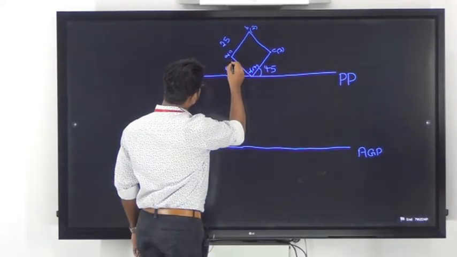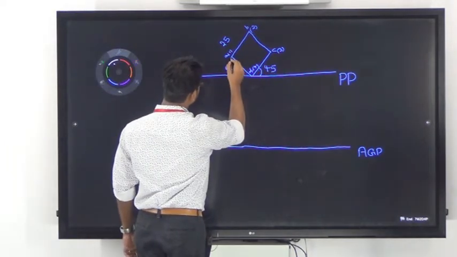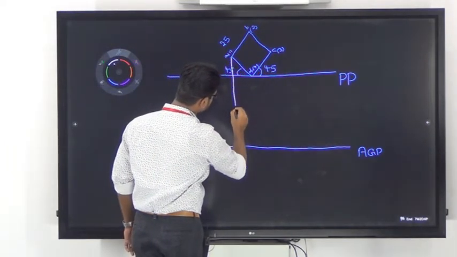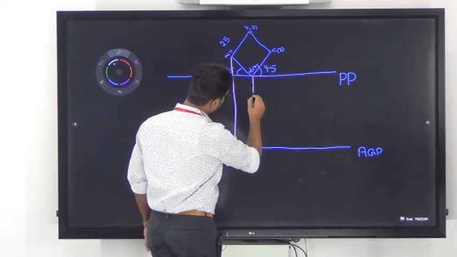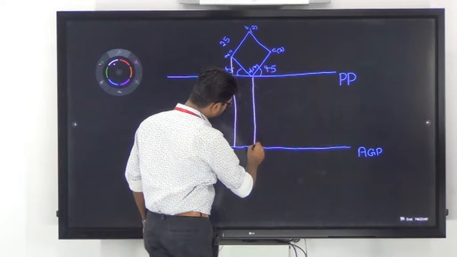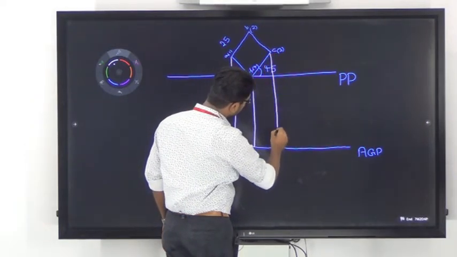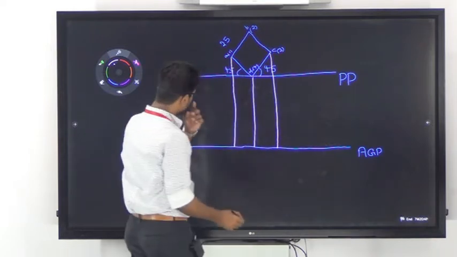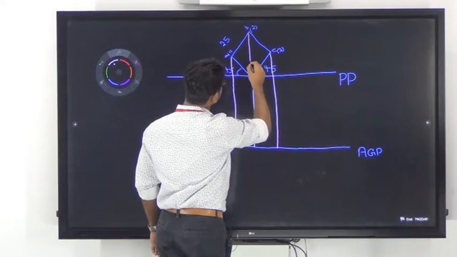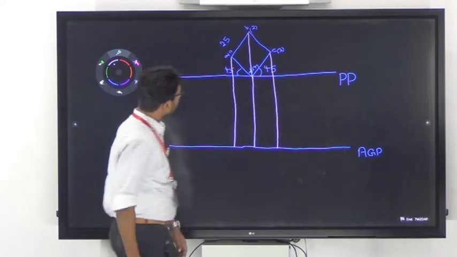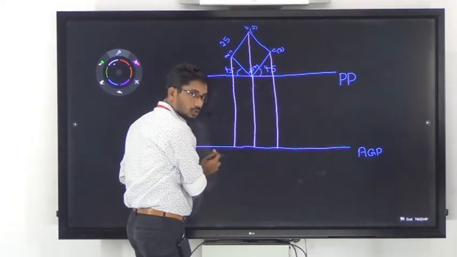So we are drawing projectors from the corner points. So here we are getting the top points.